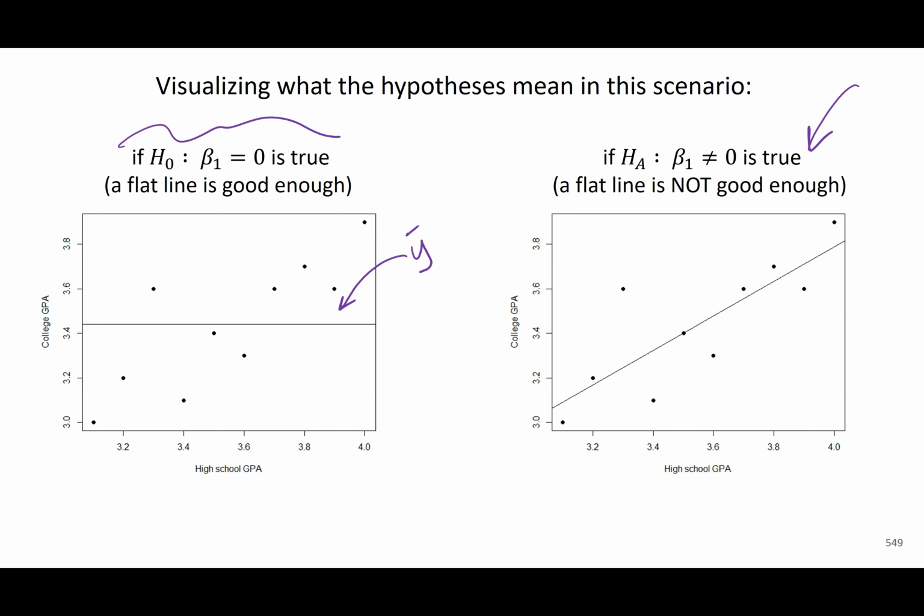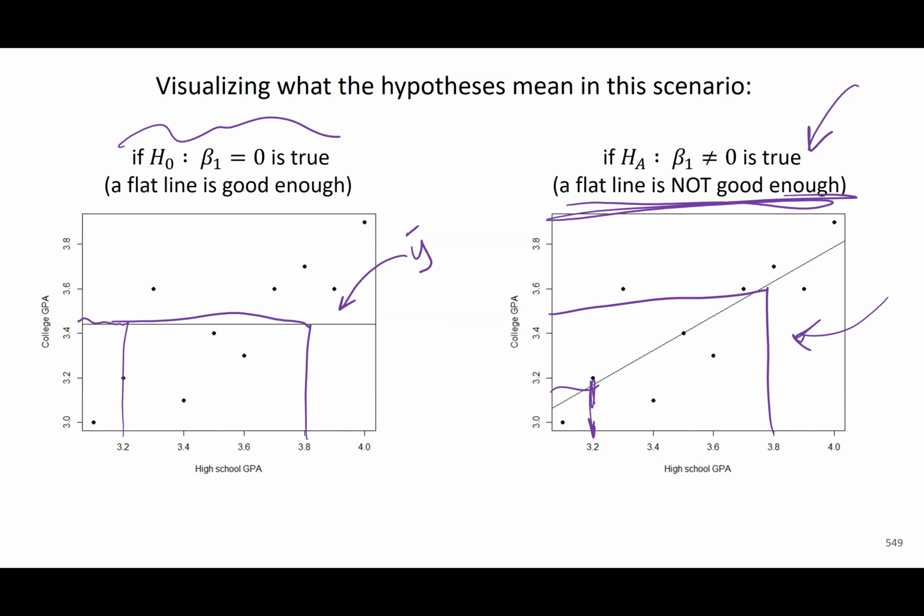The alternative, which usually is what we hope is true, is that a flat line is not good enough. Knowing their high school GPA gives me information. So here, if I know they have a 3.2, my guess for their college GPA is different than if I know they had a 3.8. Versus here, if they had a 3.2, I'm still going to guess the average college GPA.